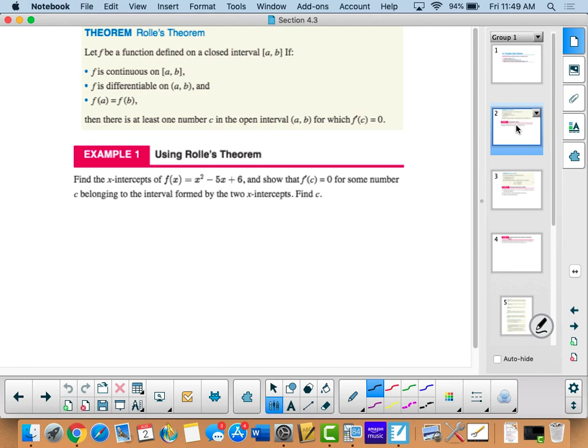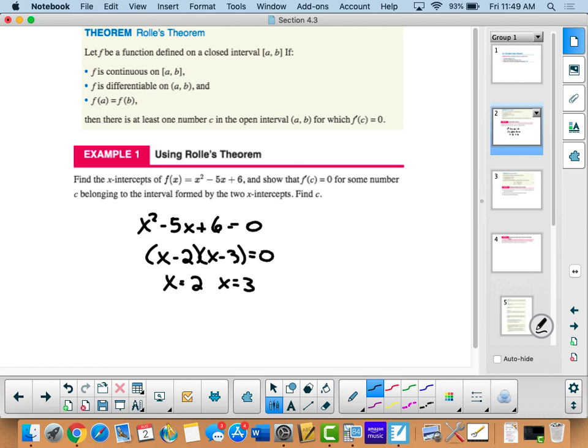So for this example, we're going to figure out where this function has a 0 or zeros by just setting f of x equal to 0. So if x squared minus 5x plus 6 equals 0, I can factor that to x minus 2, x minus 3, and we get that somewhere in between 2 and 3, we know that the derivative is equal to 0.